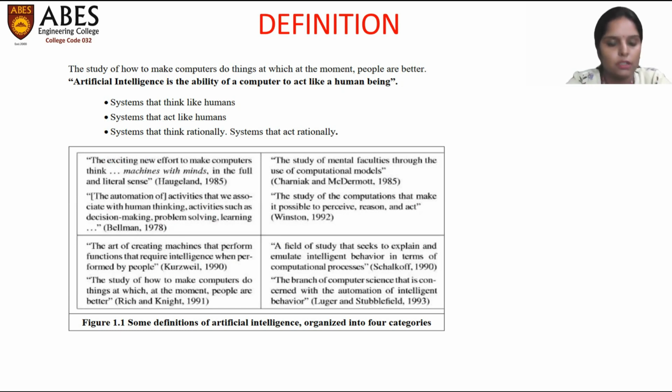Here are four definitions given by the innovators of artificial intelligence. The first one is given in 1985 by Haugeland, who said that it is the exciting new effort to make computers think, meaning machines with minds in the full and literal sense. Continuing this, Bellman proposed a definition: the automation of activities that we associate with human thinking, activities such as decision making, problem solving, and learning.